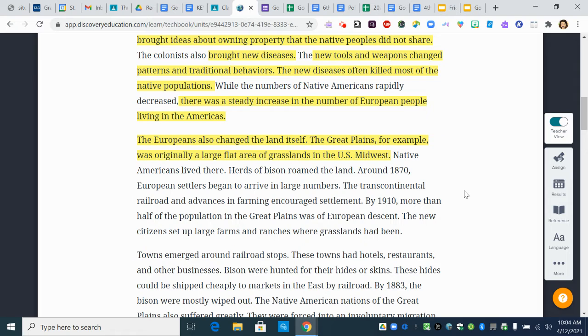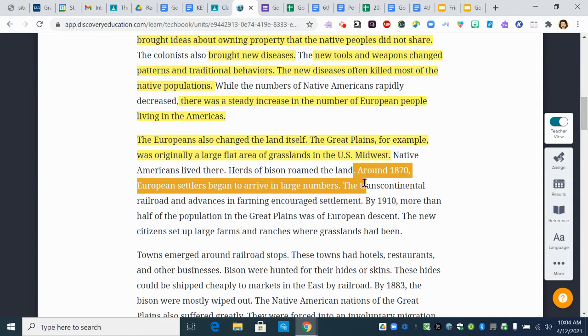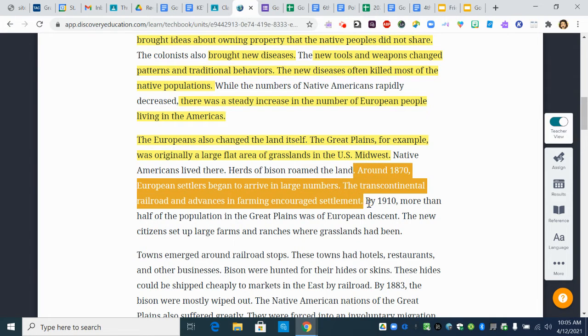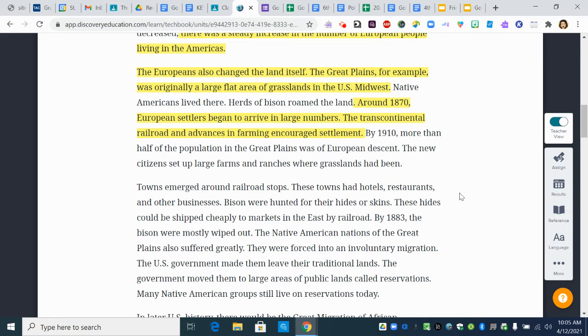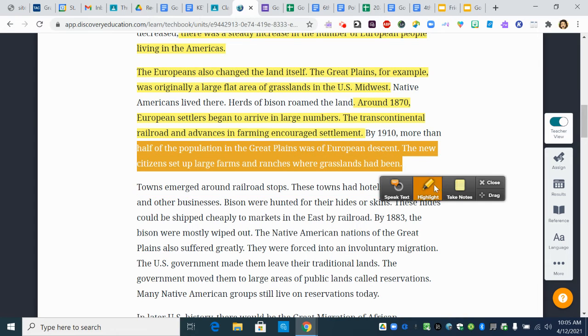Around 1870, European settlers began to arrive in large numbers. The Transcontinental Railroad and advances in farming encouraged settlement. By 1910, more than half of the population in the Great Plains was of European descent. The new citizens set up large farms and ranches where grasslands had been. So there's an example of how they changed the physical environment.